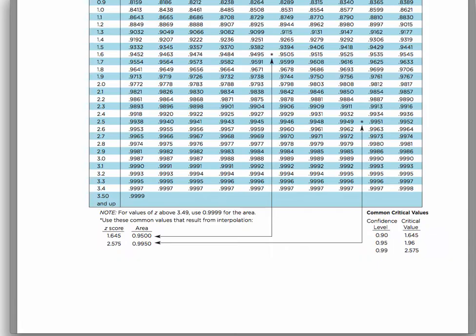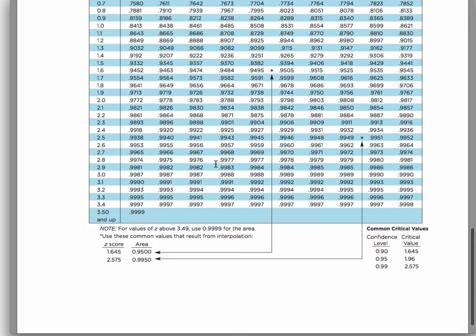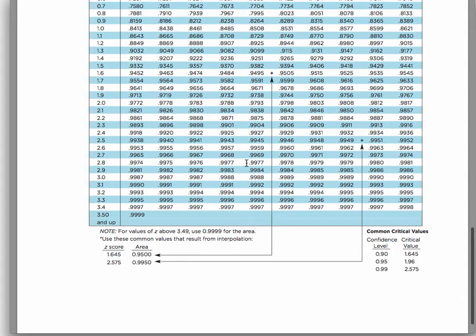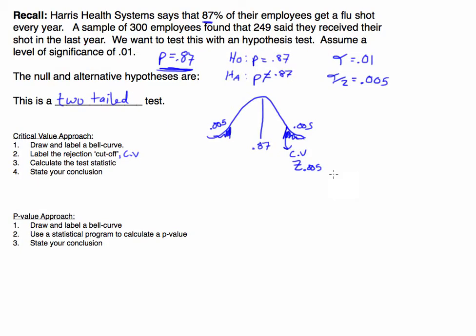So if we look up 0.995 exactly, it's going to be right here. So our critical value is going to be 2.575, which means the other one is going to be negative 2.575.